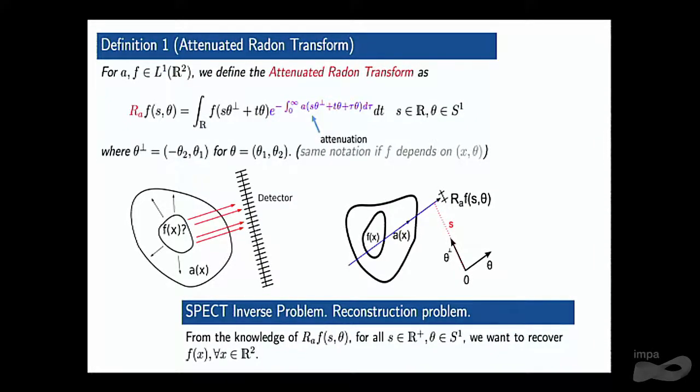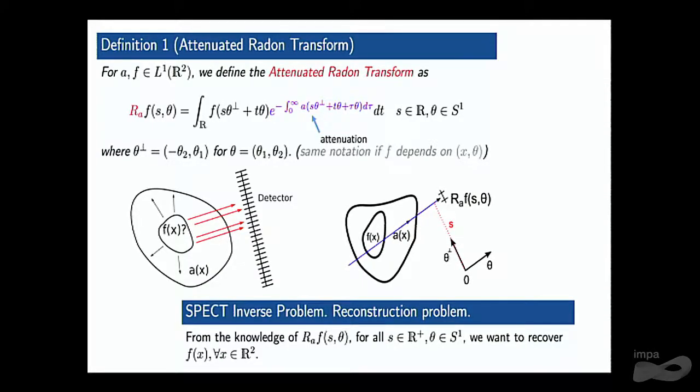And as I said, the main mathematical tool is the so-called attenuated Radon transform. The attenuated Radon transform is simply the integral of the source along lines. So you have the source, you have the integral along lines, and you receive here the detector, which is collimated. So in this direction, you receive the integral of f along this line.